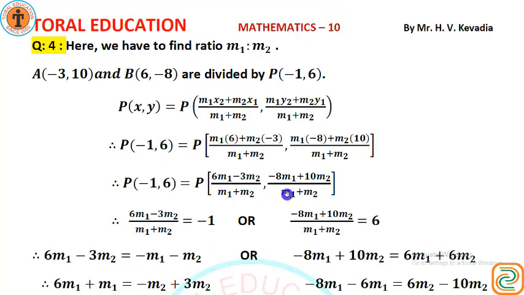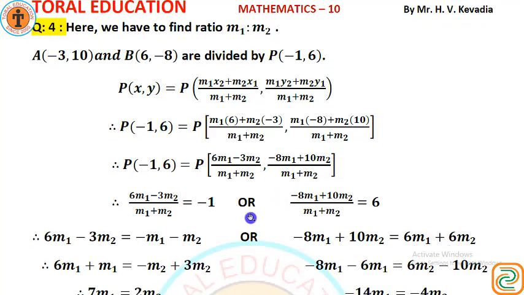Okay. Now question number 4. Find the ratio in which the line segment joining the points (minus 3, 10) and (6, minus 8) is divided by (minus 1, 6). We have to find out m1 is to m2. Here point P (minus 1, 6) is given and the other points of line segment AB are A (minus 3, 10) and B (6, minus 8). Right?